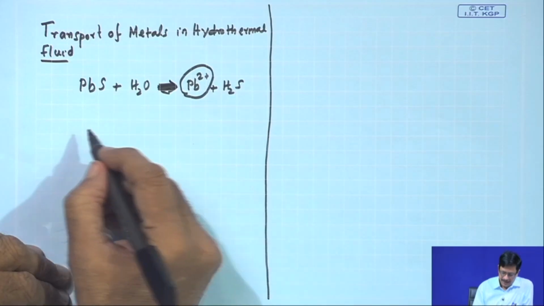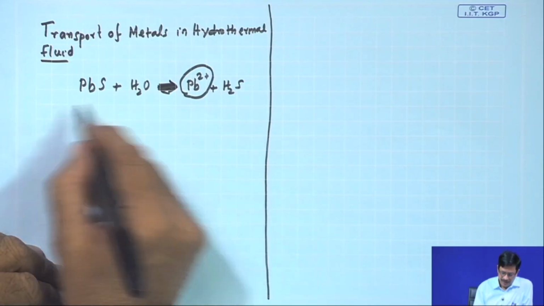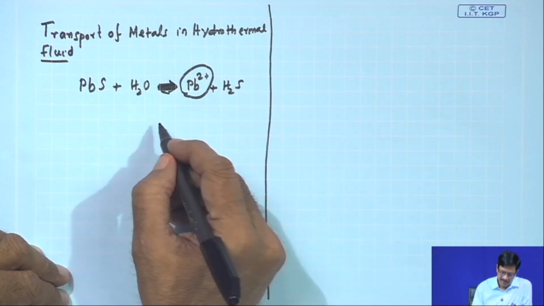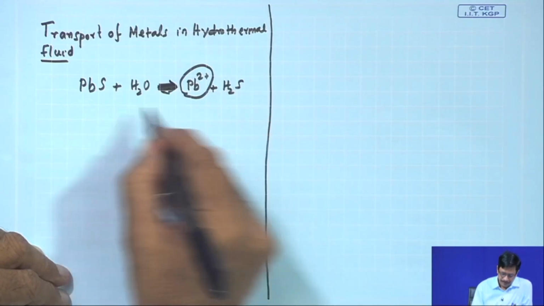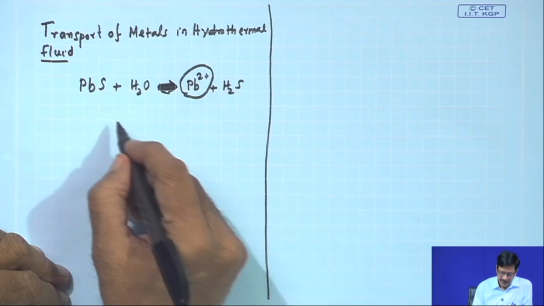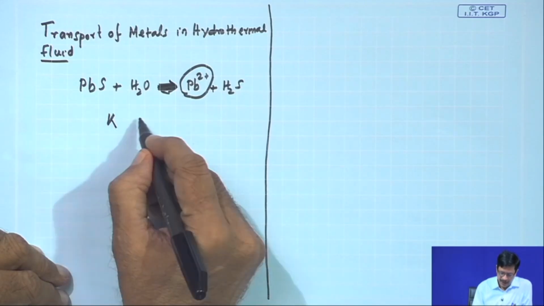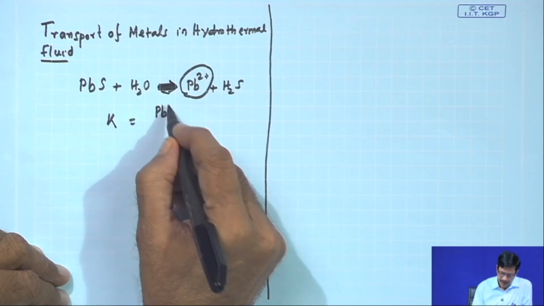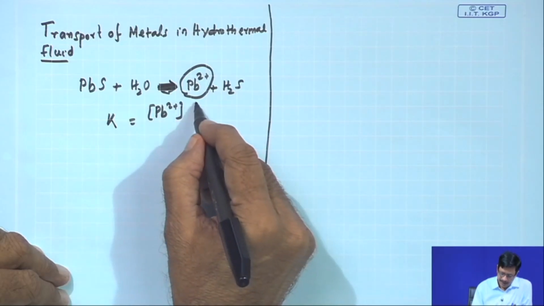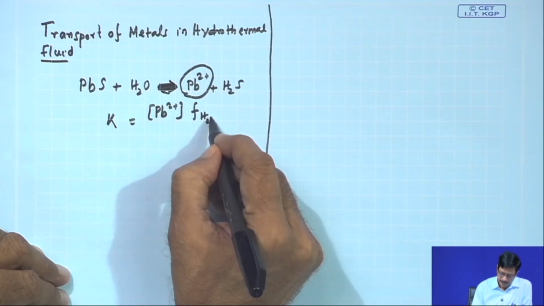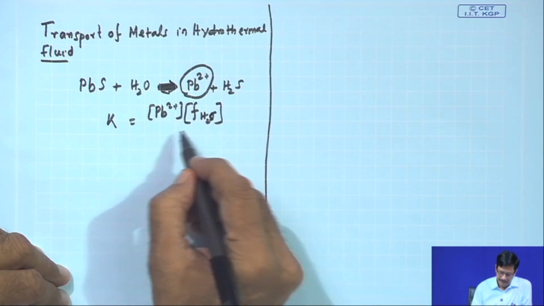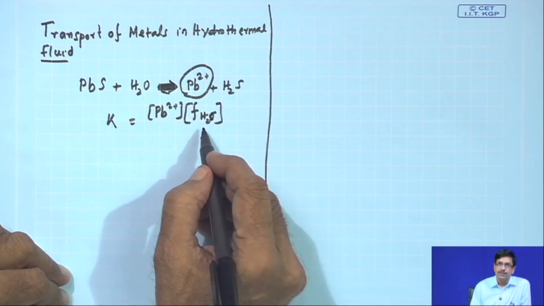This lead concentration we will actually write in terms of whatever oxygen species will come here. We can write the equilibrium constant K in terms of the lead ion concentration and the fugacity of the gas, which is H2S.